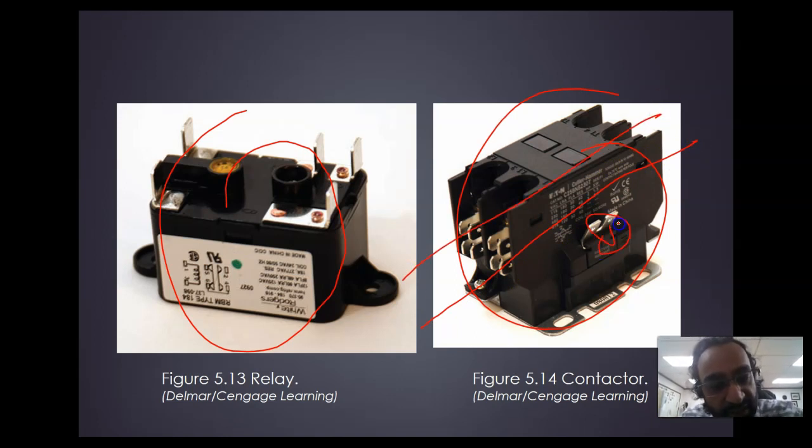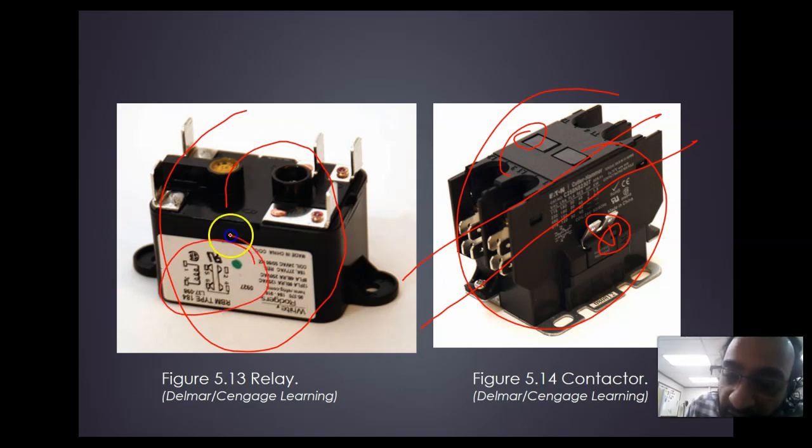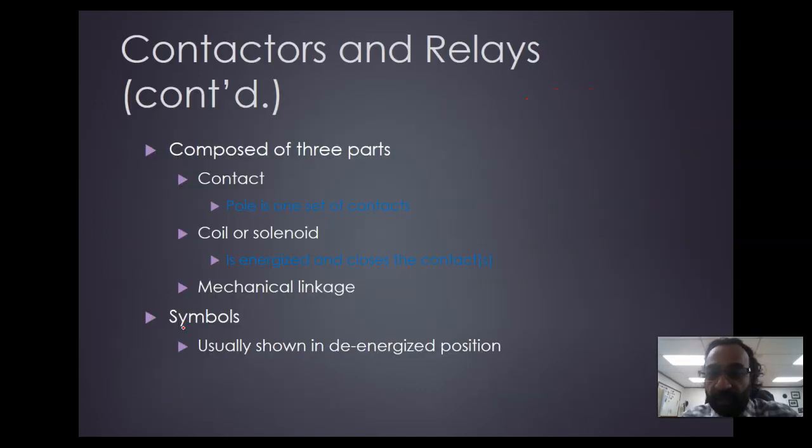So when you energize this terminal, there's one in the back over here, it will pull in those contacts, and these contacts are made. You can see also this in here. This is your coil. Once the coil is energized, it will pull those two together, and those contacts will be made. So again, contacts, coil, and mechanical linkage.